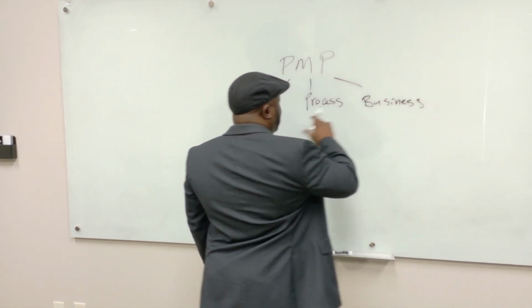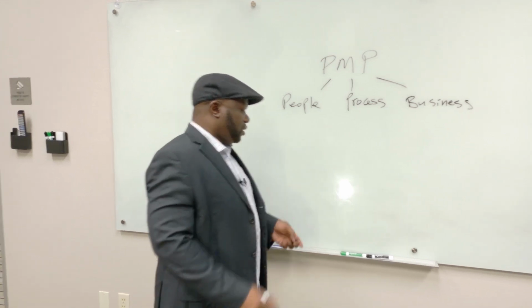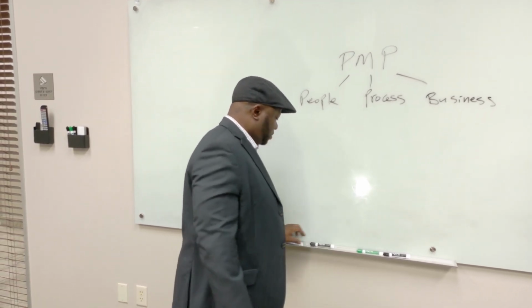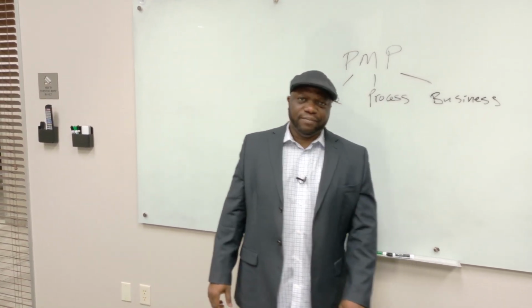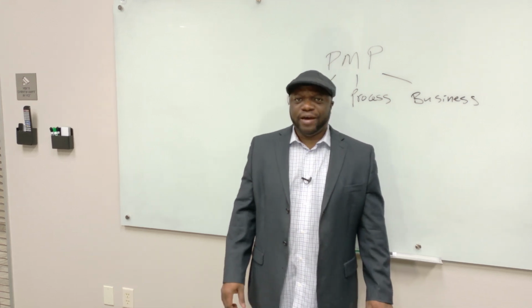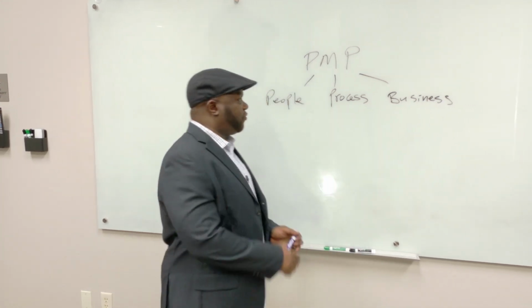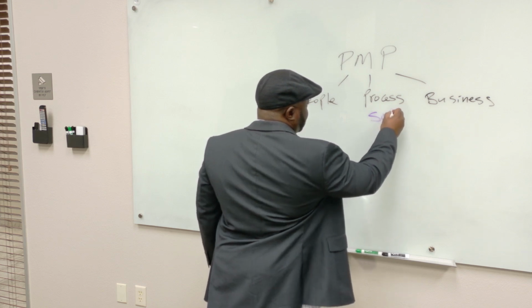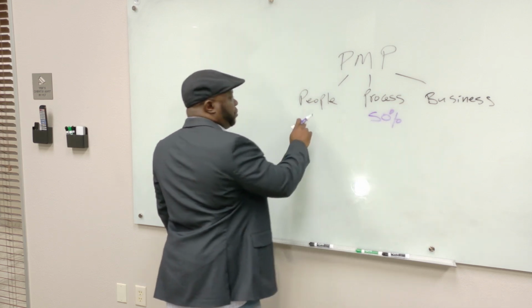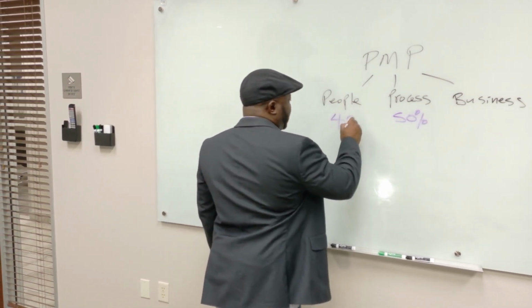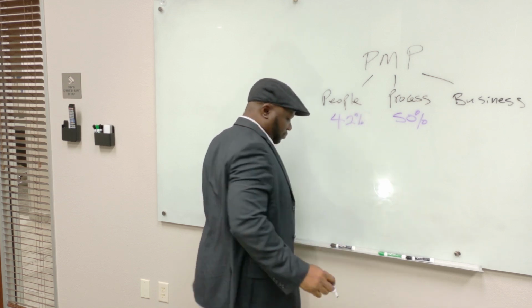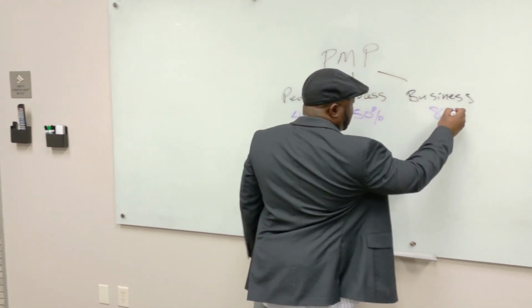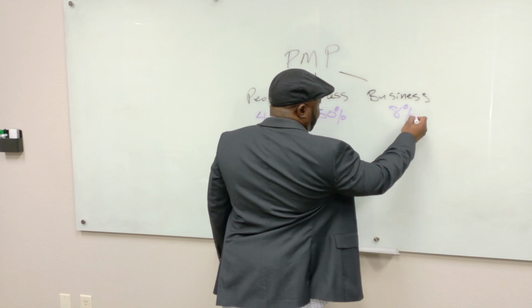When you think about each of these domains, you got to understand the skin in the game. You should have a lot of skin in the game of process because this is 50% of your exam, right? People is 42% of your exam, and business is 8% of the exam.